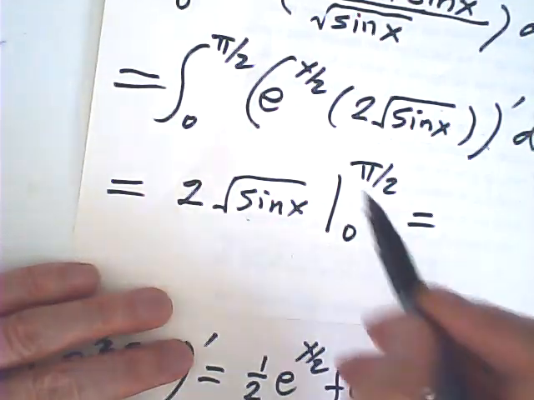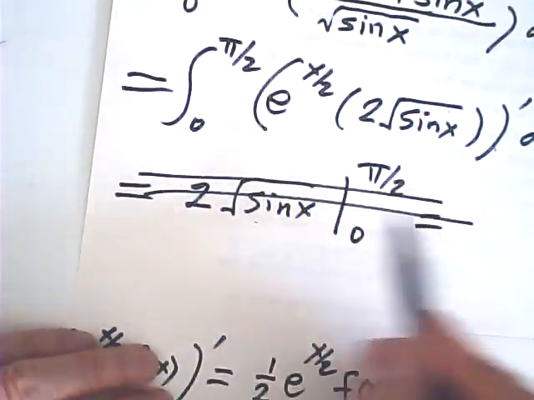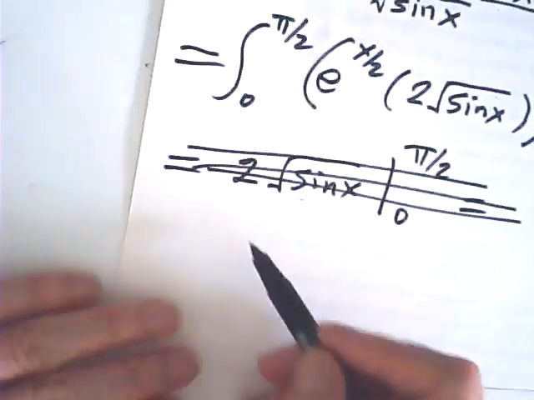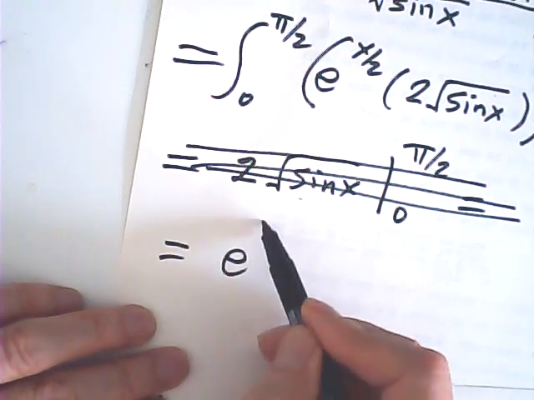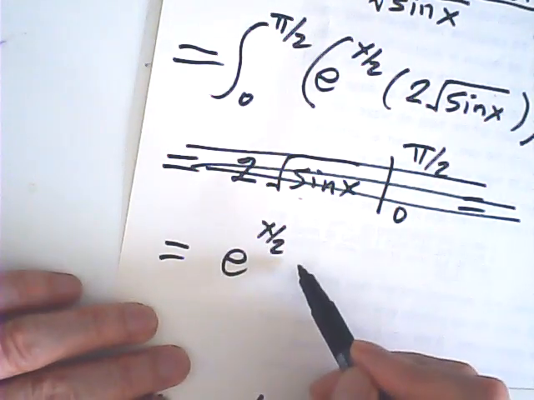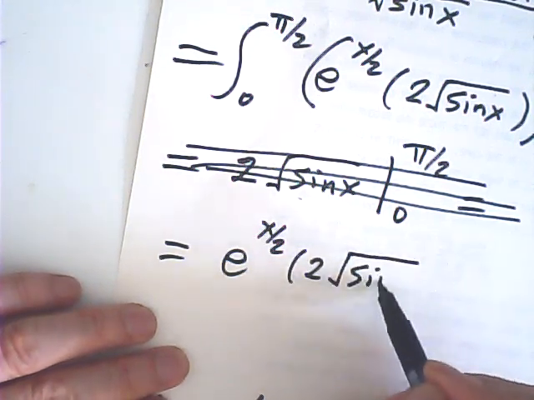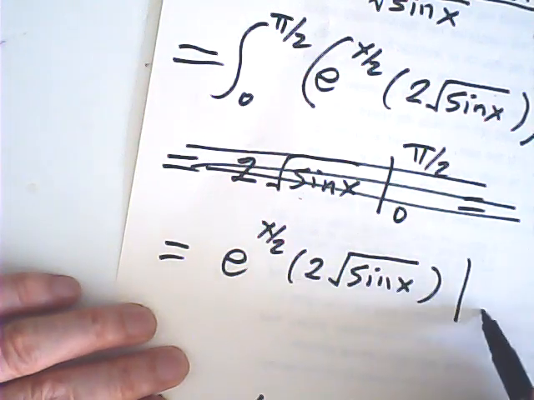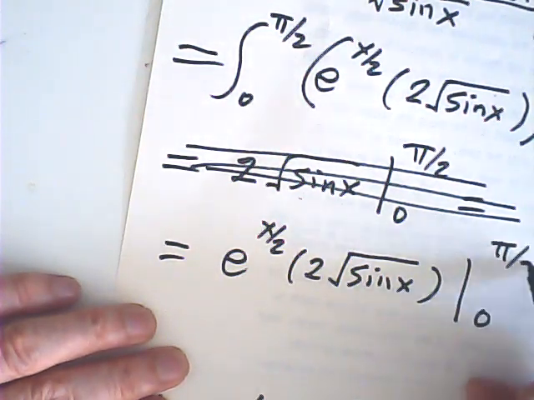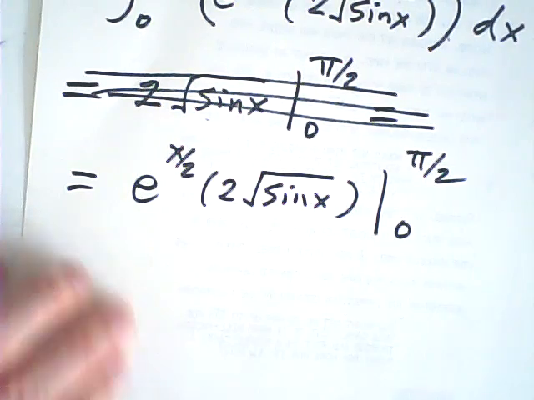What? Wait a minute. I forgot e. So this one equals e to the half of x times 2 square root sine x from 0 to half pi. Yeah.